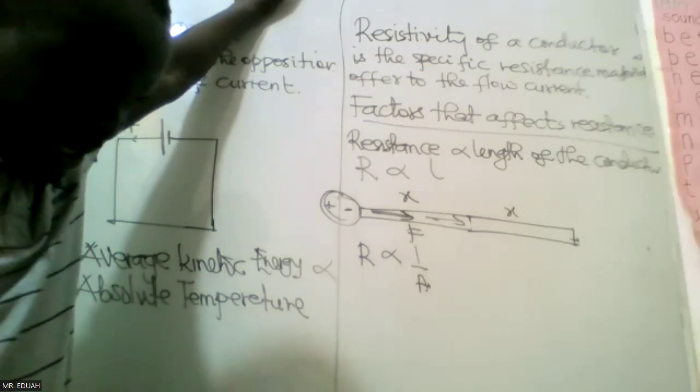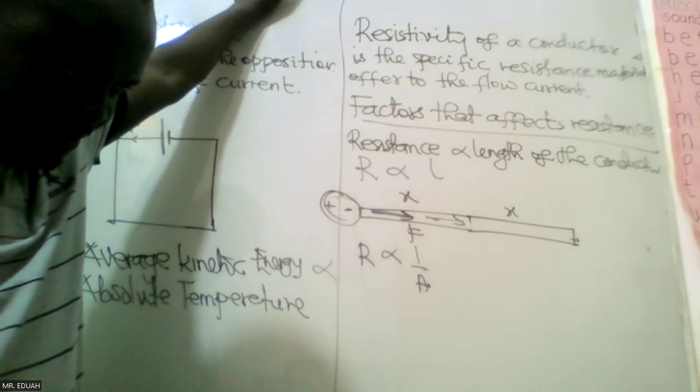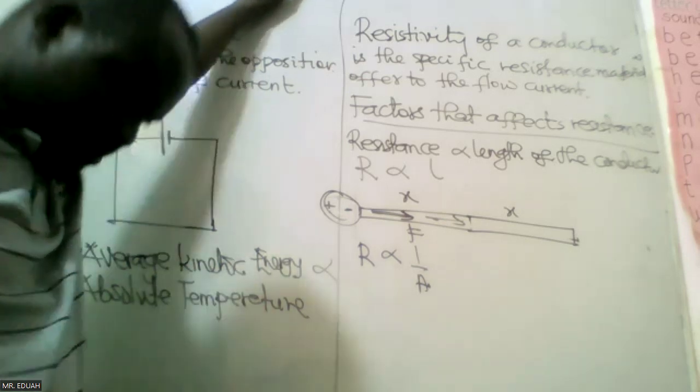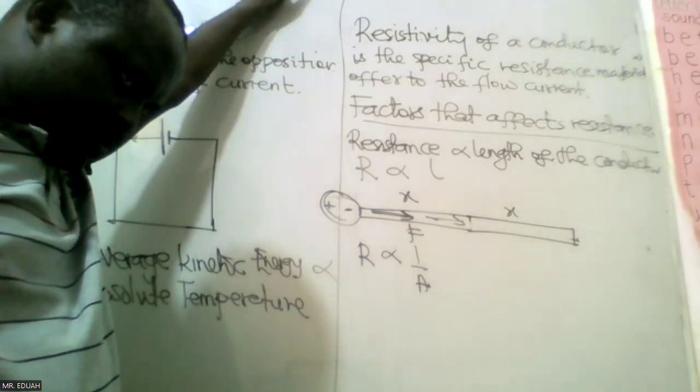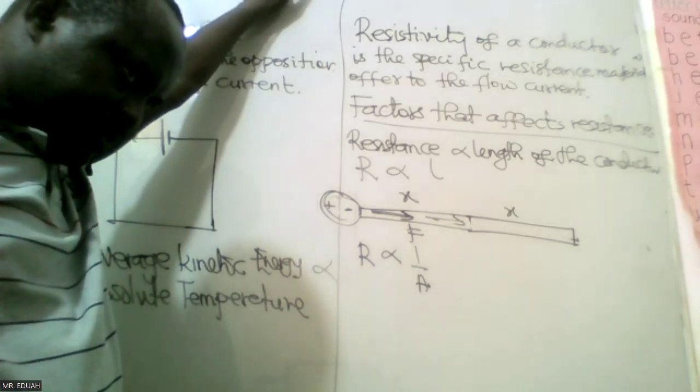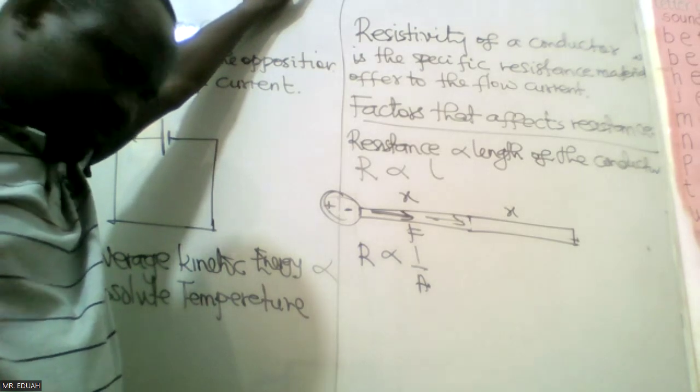What do you also say? I'll say that if the cross-sectional area increases, then it means that more of the electrons will be free to move. So the current would increase and then the resistivity would decrease.